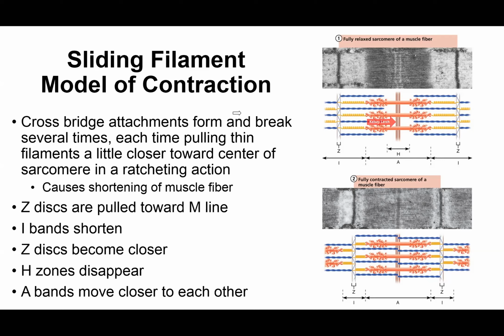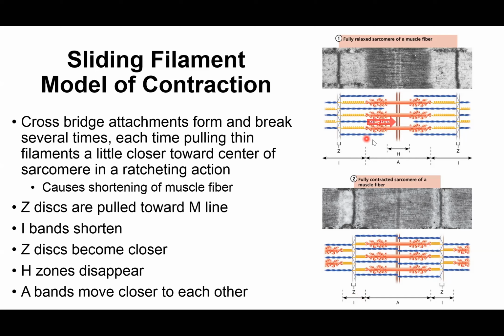Additionally, the length of our I bands are going to become shorter. Here's a reminder, here is the length of one I band during the relaxed state. But during the contracted state, you can see the total length has become shorter.